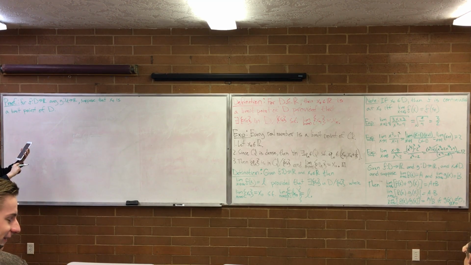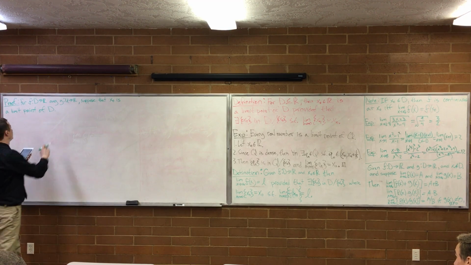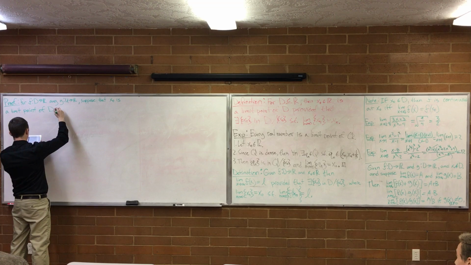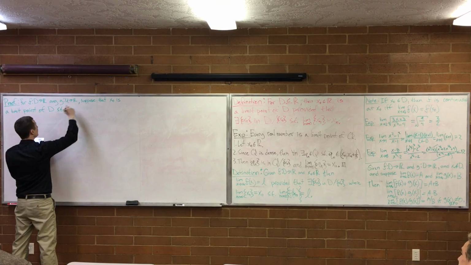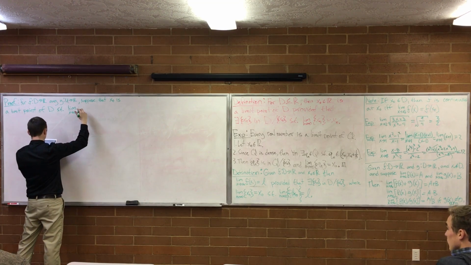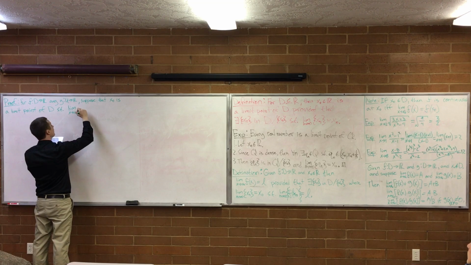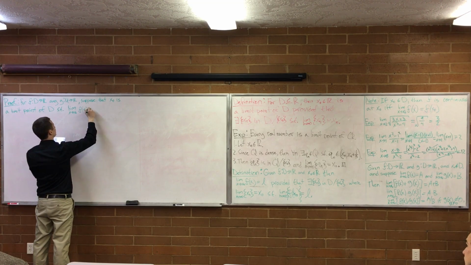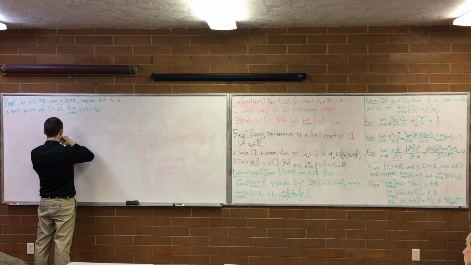Alright. Suppose that x naught is a limit point of D such that the limit as x approaches x naught of f of x is equal to y naught.